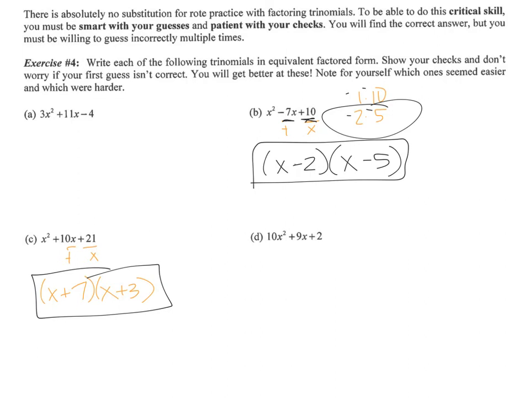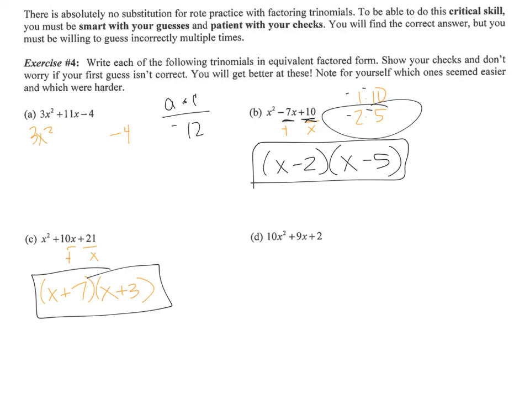Before I show you new ways to do letter A and D, I want you to practice the way that I showed you before, the AC method. So remember, you keep the A, so 3x squared, and you keep the C, and you're splitting up the B. Then we need to find what is A times C. So 3 times negative 4 is negative 12.